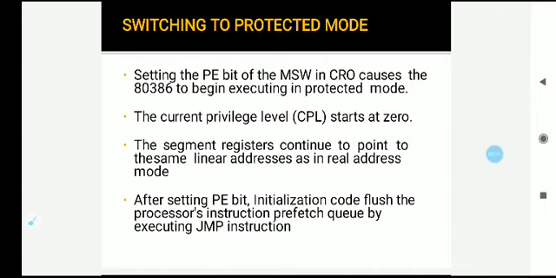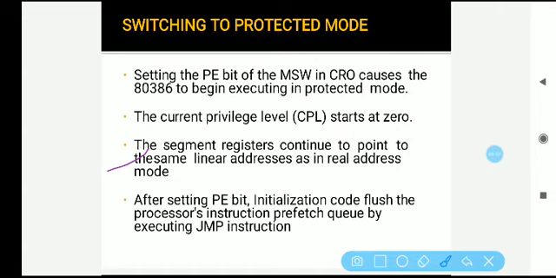The current privilege level starts at 0. So currently in protected mode the privilege level is 0, which means the highest privilege level, and the segment registers continue to point to the same linear address as in real addressing mode.